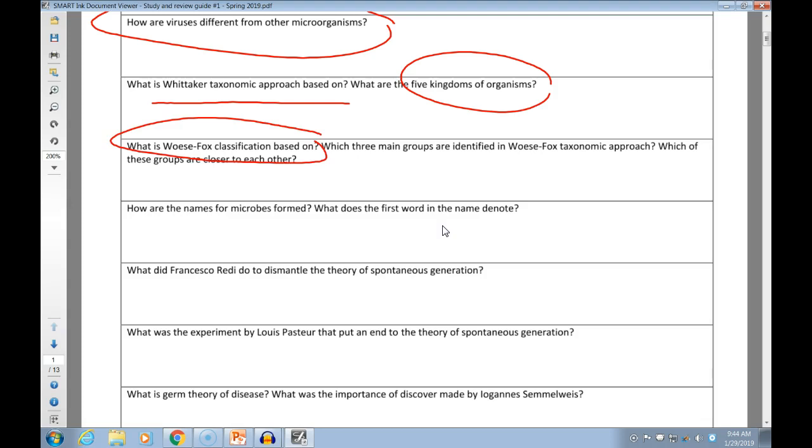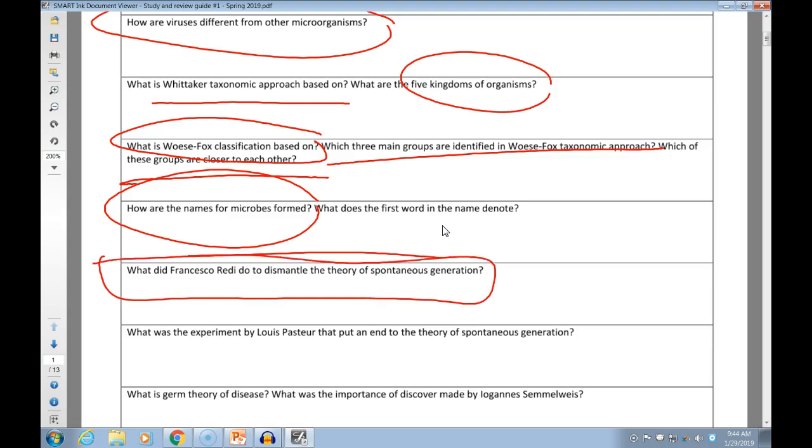Woese's classification was based on the sequence of 16S rRNA. Three main groups: Archaea, Bacteria, Eukarya. Closer to each other: Archaea and Eukarya. Binomial nomenclature. Remember the question like Staphylococcus aureus belongs to? Know that stuff. Okay?